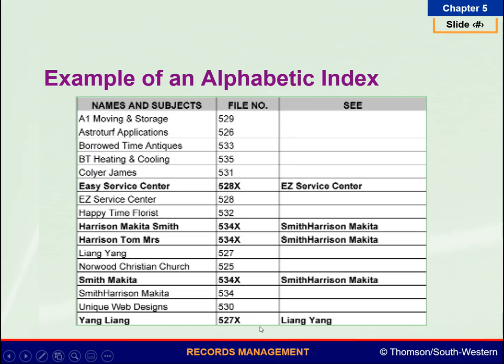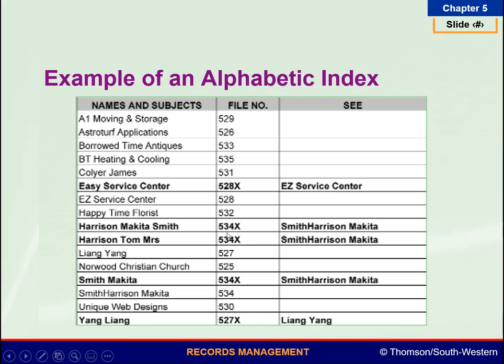If you look at this, they do not arrange the file numbers in ascending order from lowest to highest. Why? Because the first unit is the name and subject, so they arrange the names and subjects in alphabetic order. But again, I will make sure that there will be no duplicate file numbers.